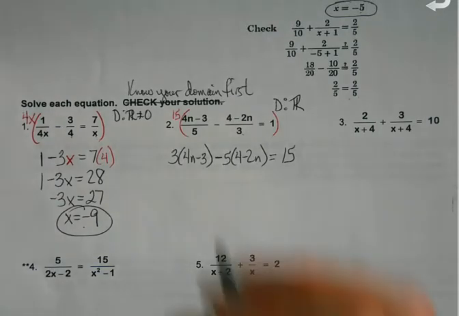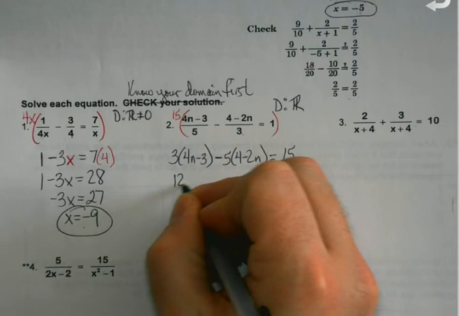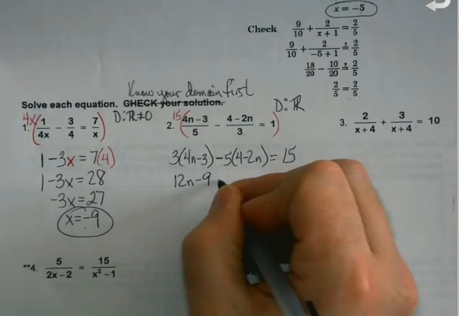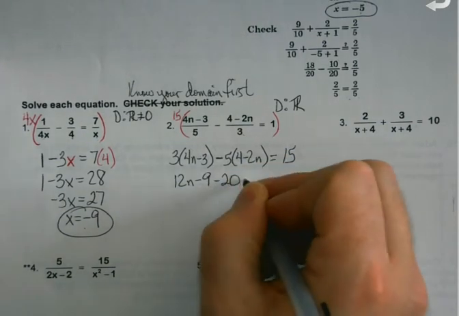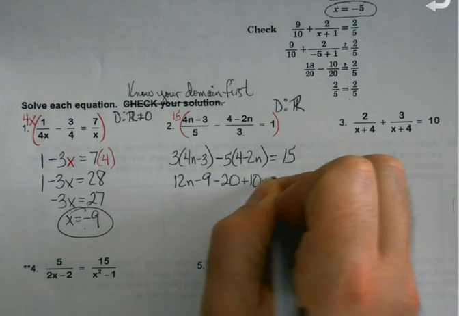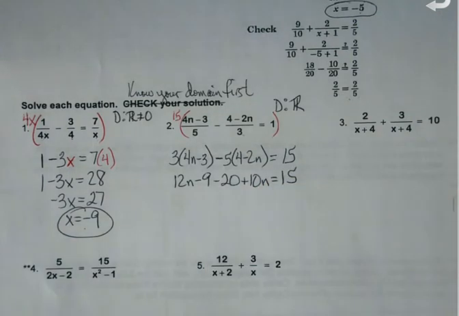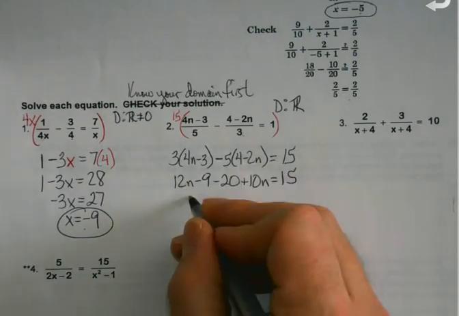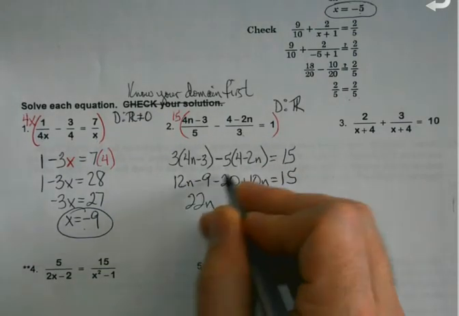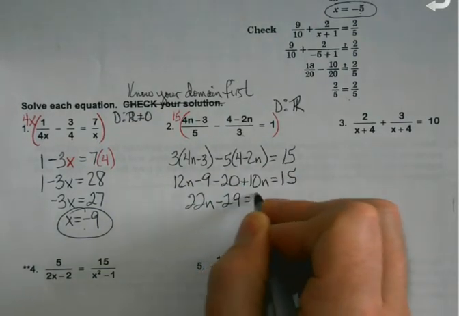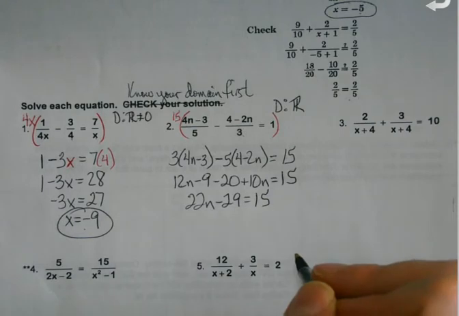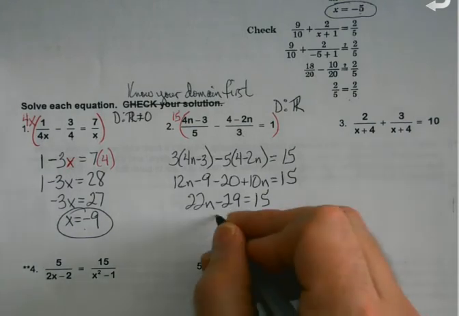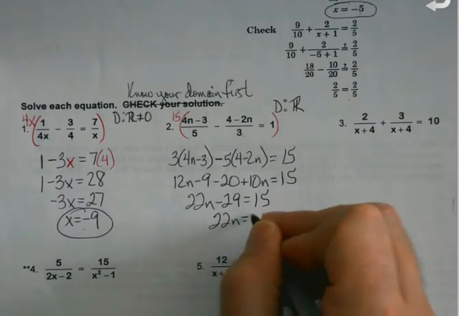So let's see here. Do a little distributing. Try not to go so fast that I do something silly. Because we've seen before, I can even do something silly if I get going too quick. Combine my like terms. And move my negative 29 to the other side by adding it.